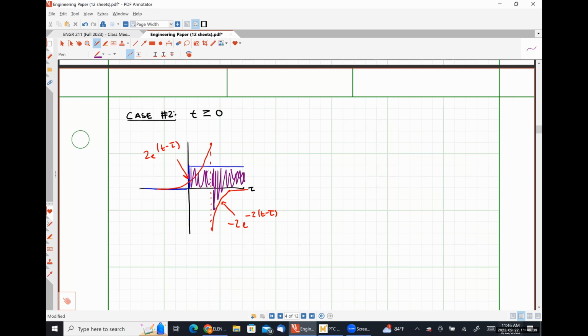However, I need to break that integral up into two parts because the function that I'm writing it only has this value up to time equals t, and then it looks like this function for every tau greater than t, right?